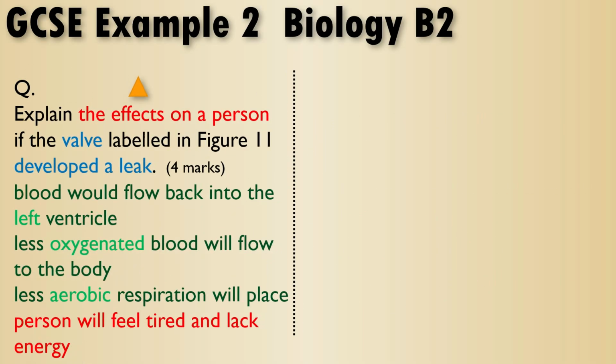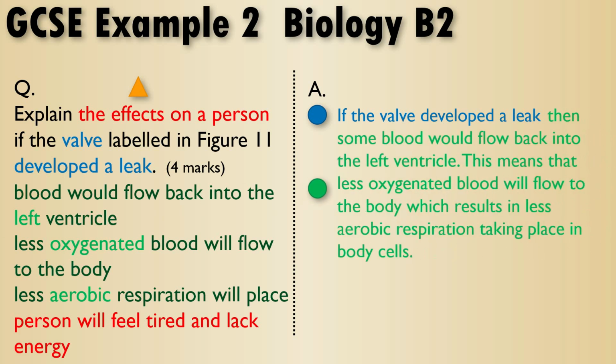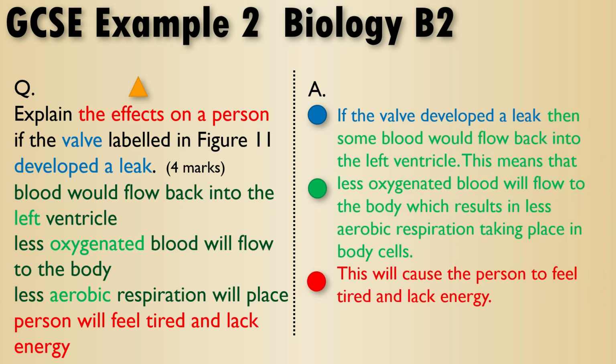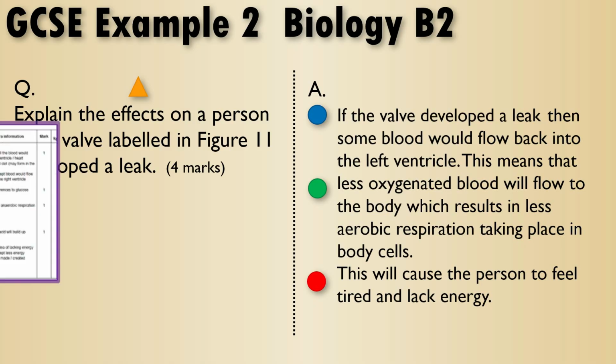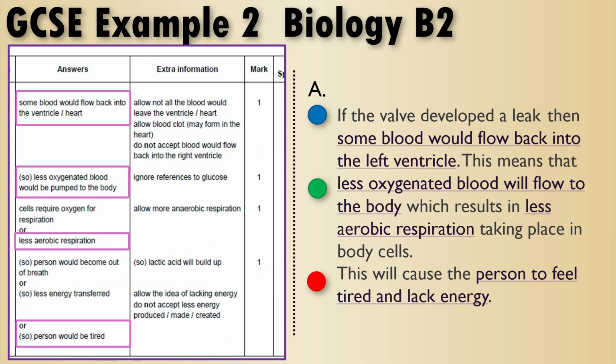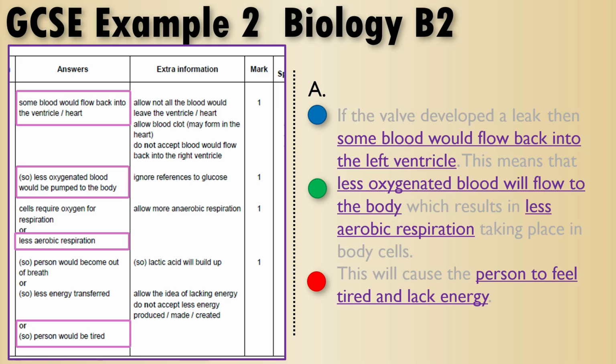Again, I use connectives to help make my answer concise and to avoid repetition. Now you can see that I will get 3 marks for my how section and I will get 1 mark for my why at the end.